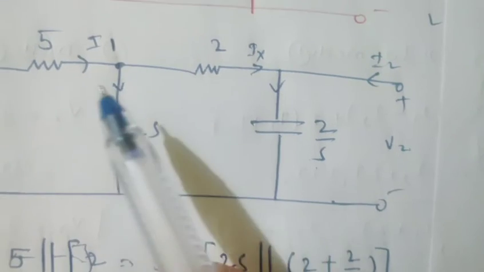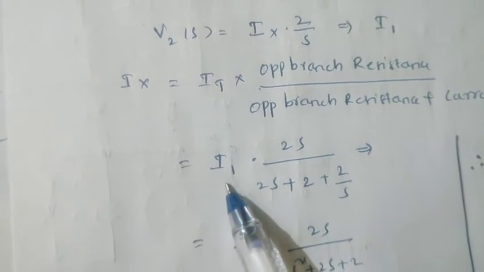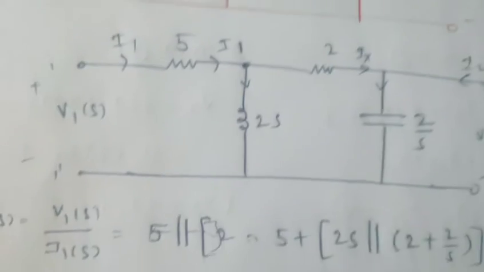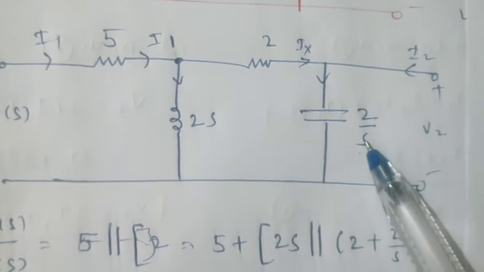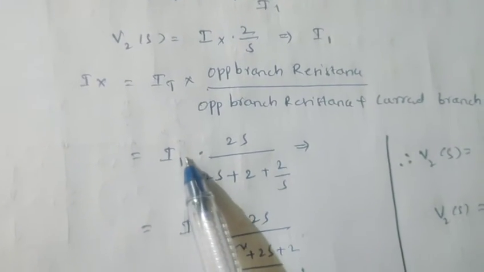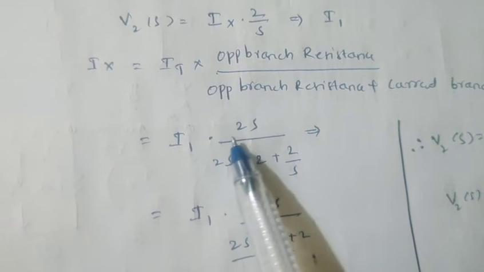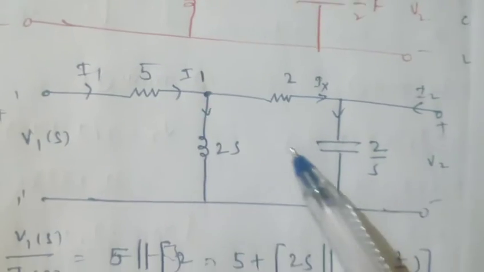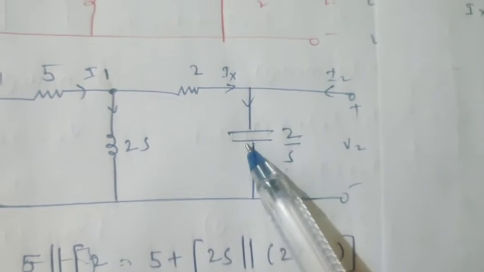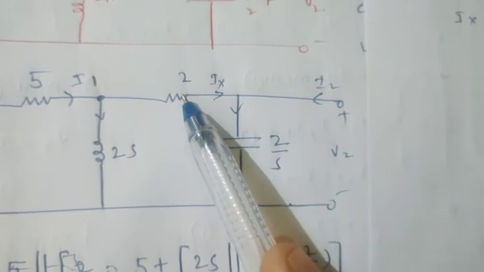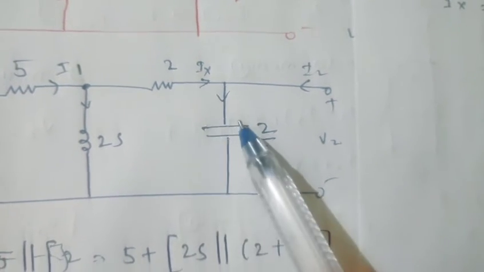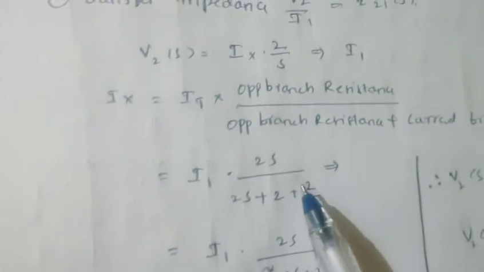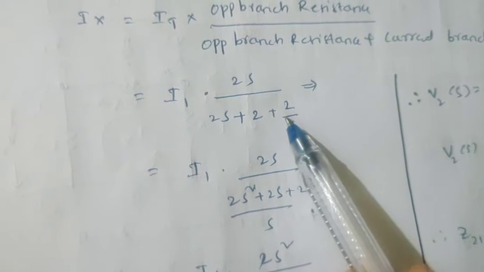Up to here the total current is I1, therefore Ix is I1 into the opposite branch resistance, 2s, divided by the opposite branch resistance 2s plus the current branch. Ix flows through this 2 ohms impedance and this 2 by S impedance, so it is 2s plus 2 by S.